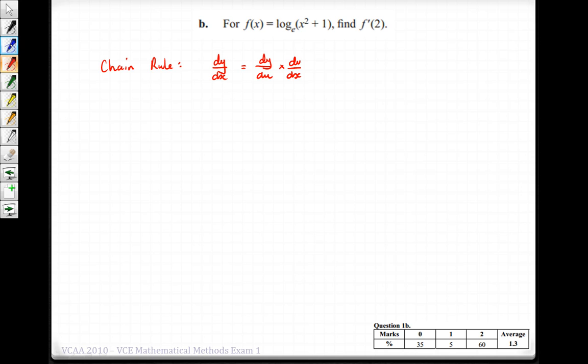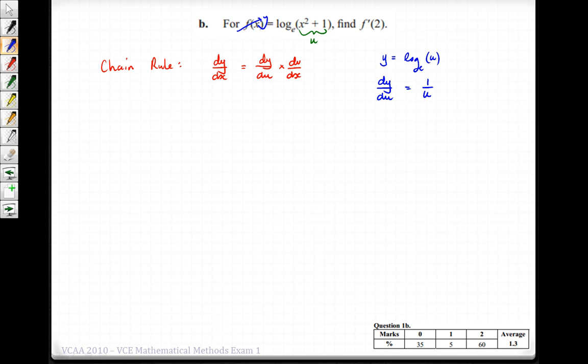I'm just going to call this y. So we have y equals log e of x squared plus 1. Then I'm going to turn this inner function into a u. So now we can express this as y equals log e of u. So dy du equals 1 on u.